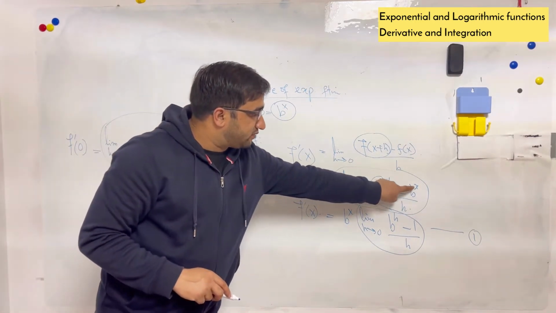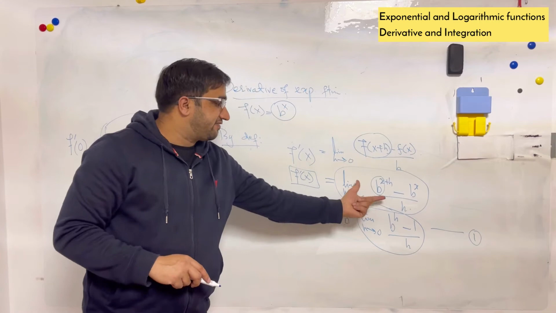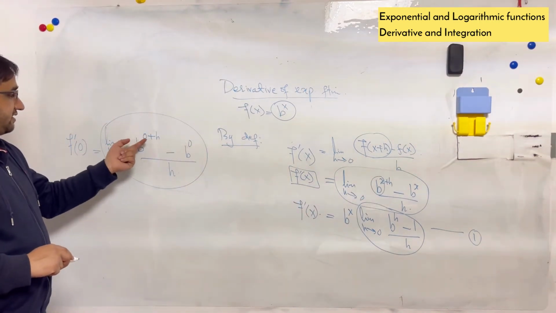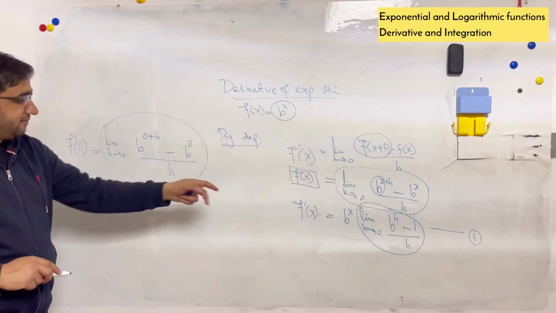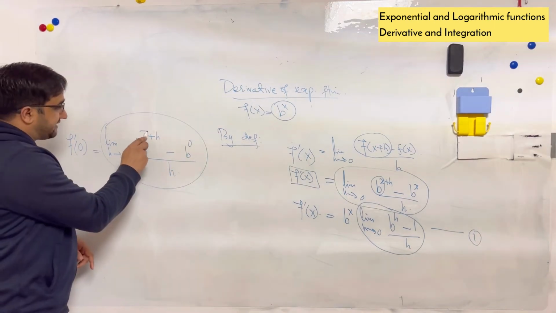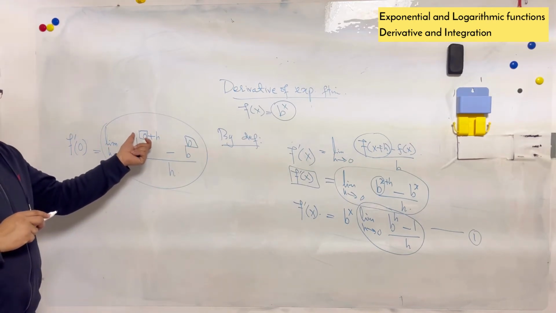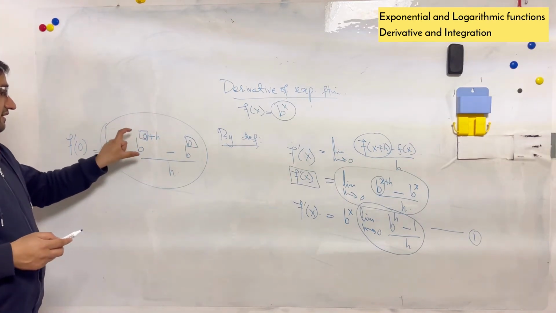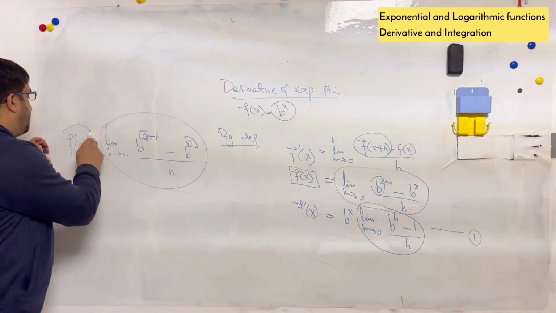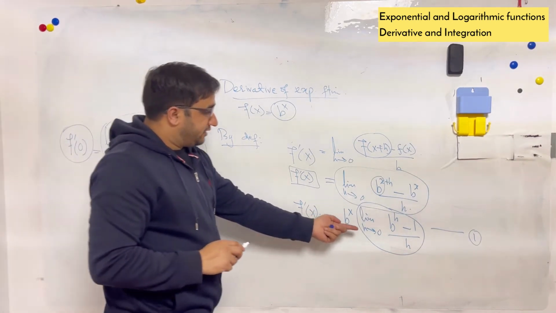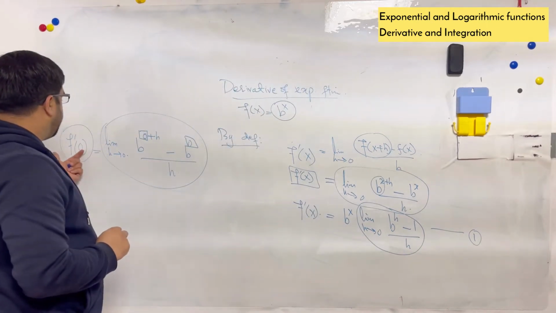It was x, so I said this is the formula for f dash of x. Here it is 0, and everything else is exactly the same. It means whatever is there, this is the formula of the derivative for that thing. 0 is also a number. So f dash of 0 by definition is this, and you can replace this expression with it.